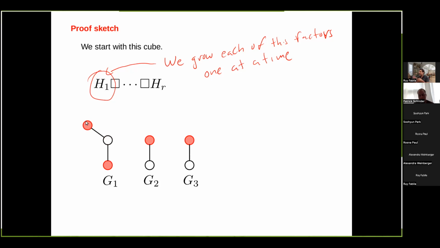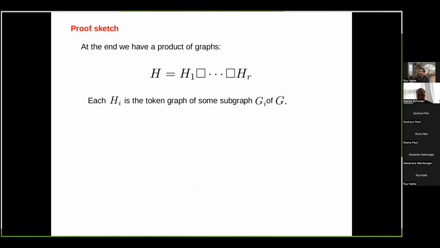But in any case, I can start adding new vertices to my HI. And in the end, what I end up with is a maximal graph H that is a Cartesian product of H1 to HR, where each HI is the token graph of some subgraph GI of G.